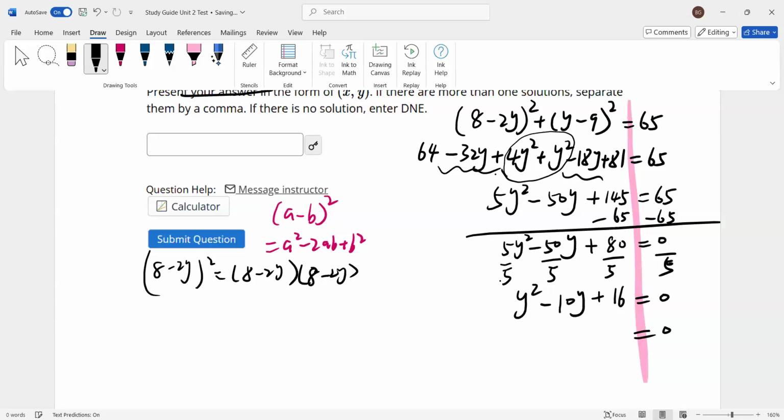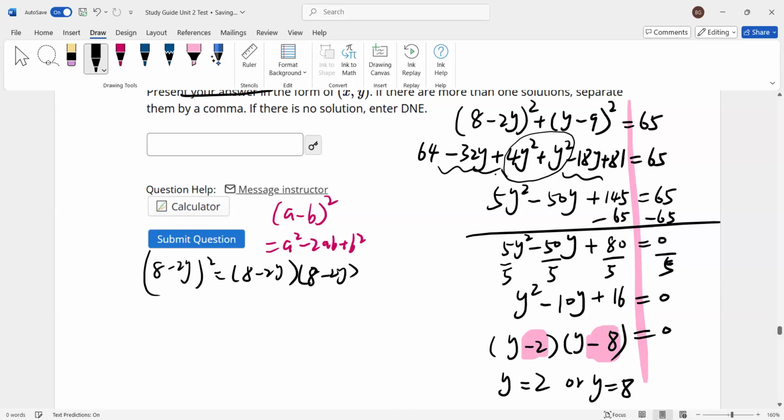And the left side can be factored as y minus 2, y minus 8. Negative 2, negative 8 multiply to 16 and add up to negative 10. So taking the opposite of those two numbers, we have y equals positive 2 or y equals positive 8.